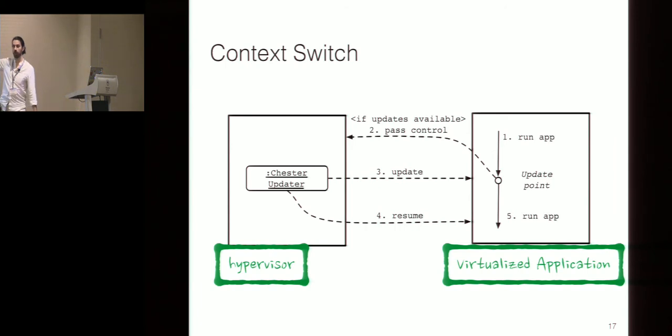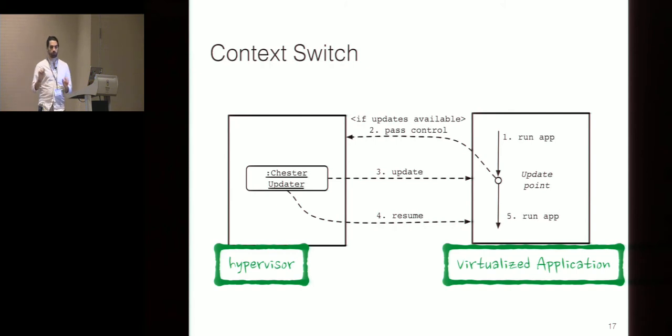And when we find an update point, if there are updates available, the execution of the virtualized application will be suspended, and we will give the priority to run to the hypervisor. This hypervisor will execute the updater that will apply the update, that will deploy the update in the virtualized application, and when that finishes, the execution will be resumed.